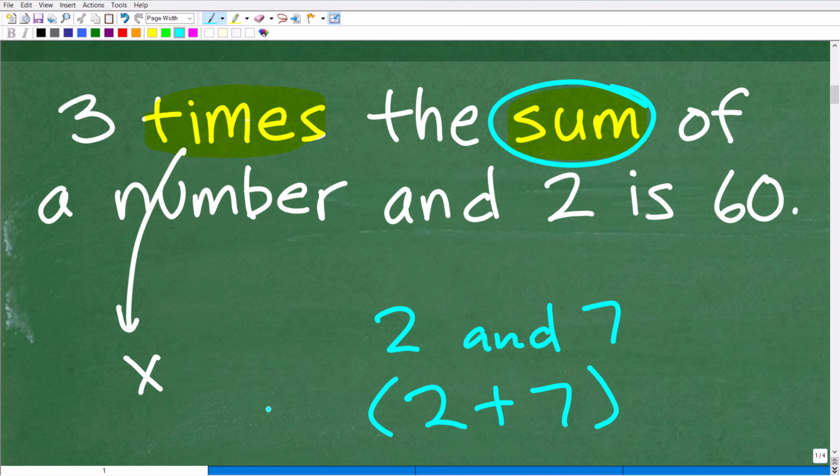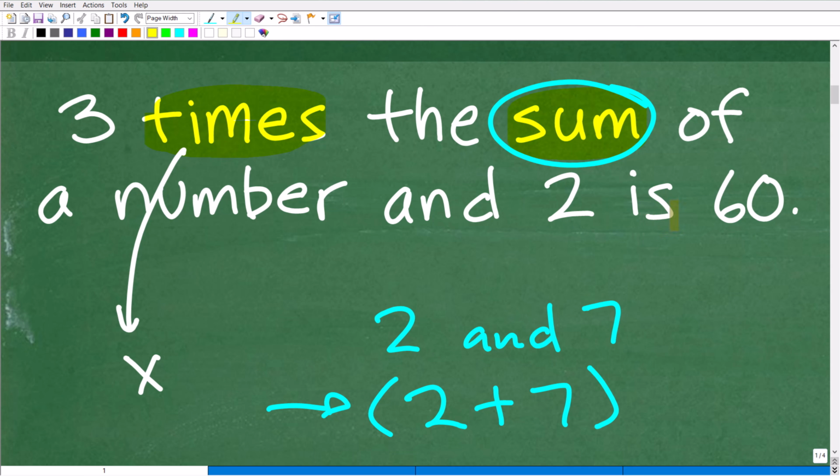If you can remember this, this will save you a lot of pain because so many errors are caused when students do not use parentheses. This is a group. So we have 3 times the sum of a number and 2 is 60.